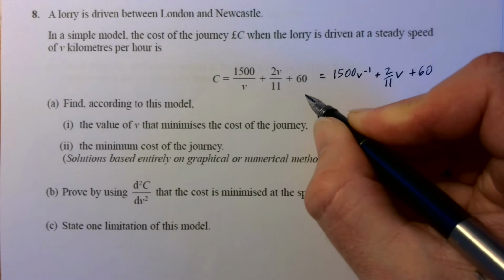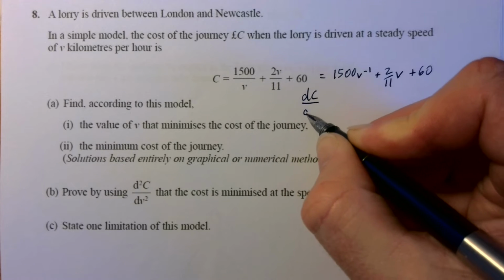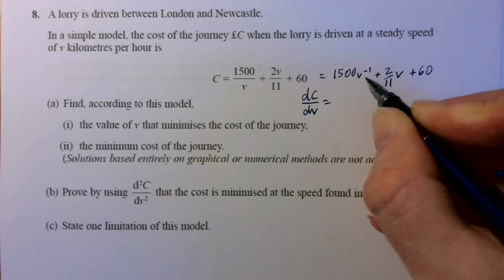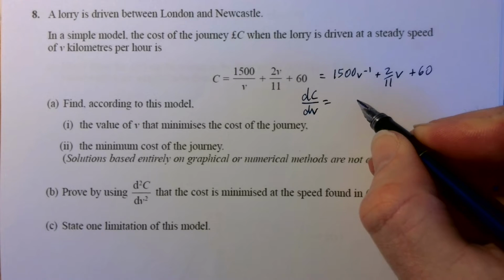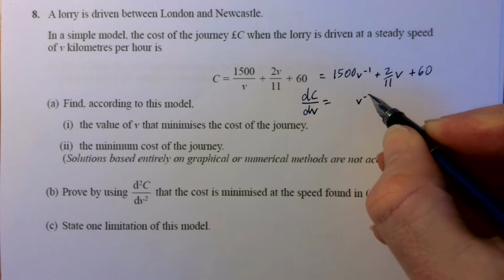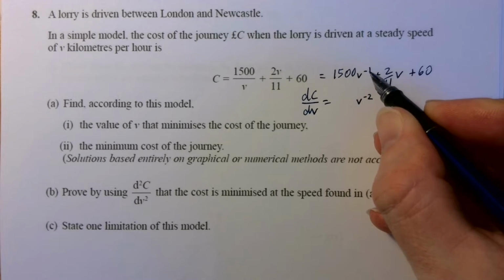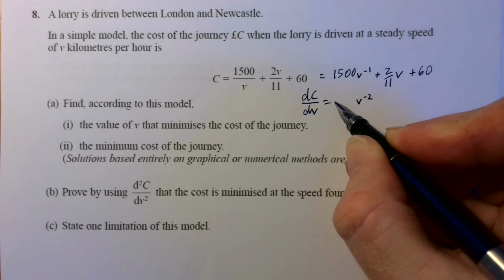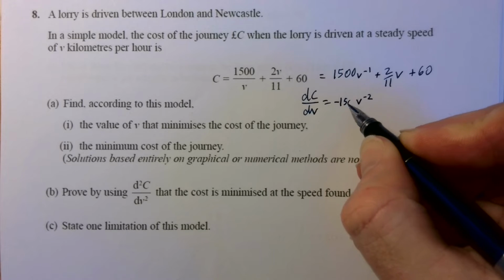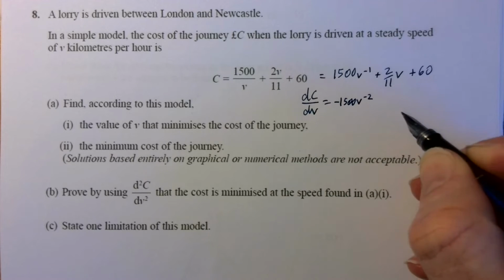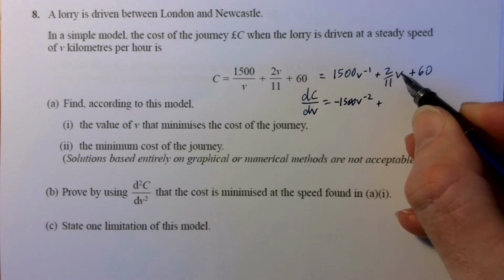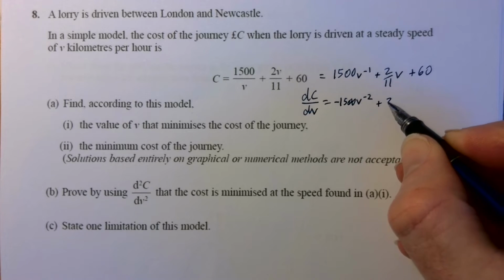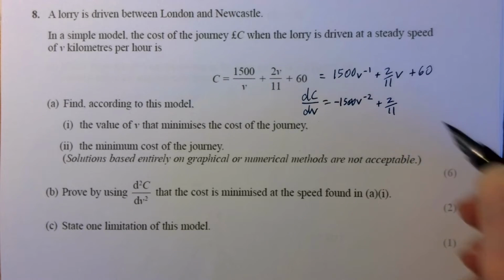And then we're going to differentiate c by v. And we drop the power by 1 and we multiply by the negative 1 that's there already, so it's minus 1500 v to the minus 2 plus, if you've got a power of 1, that v just drops away, doesn't it, plus 2/11ths.